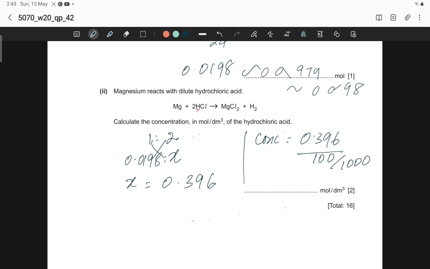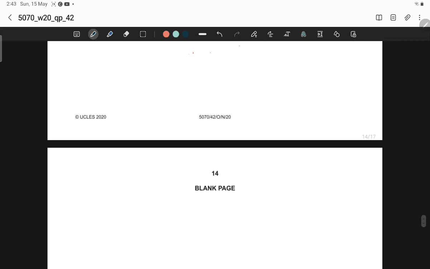So 0.396 divided by 0.1 is equal to 3.96 mol per dm³.